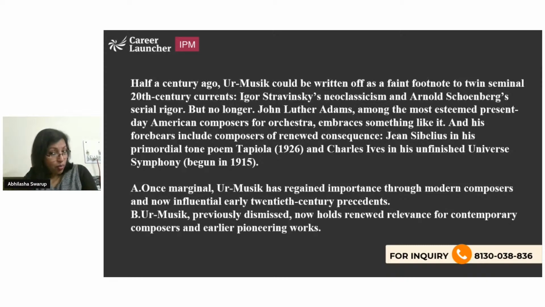John Luther Adams, among the most esteemed present day American composers for orchestra. So there is this very famous, respected composer who embraces something like it. So John Luther Adams has accepted and is using something like it. And his forebears, people who came before, include composers of renewed consequence.